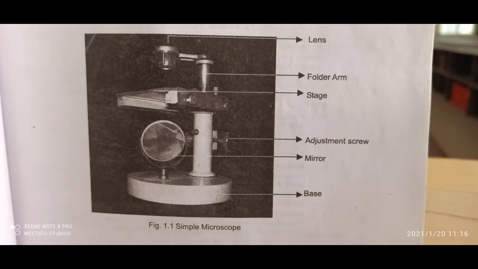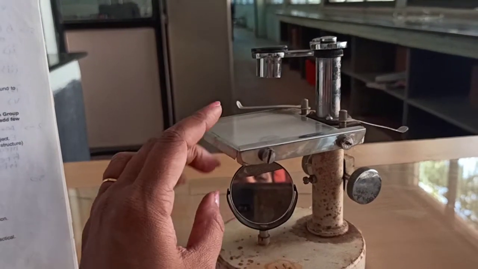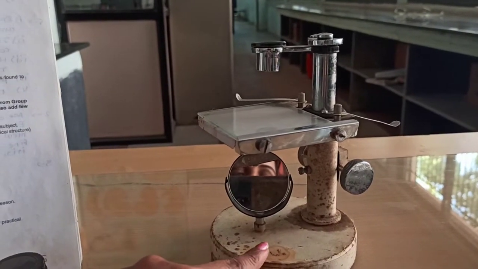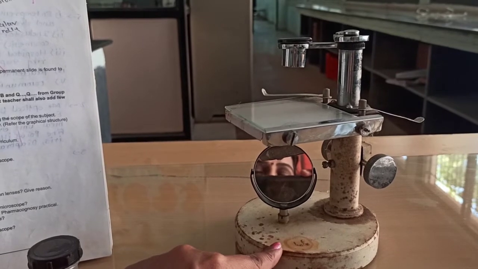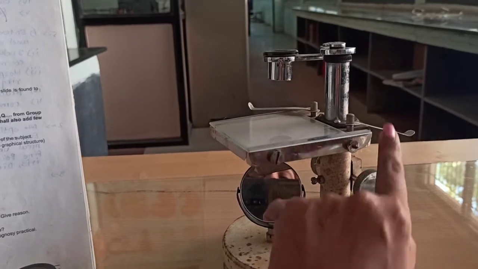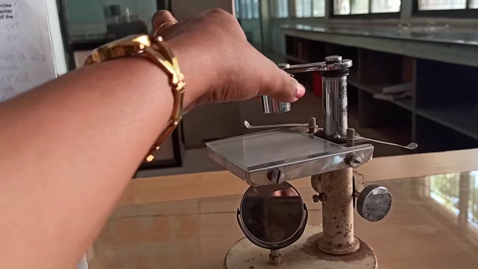In the case of a simple microscope, the structure is very simple. I can show you the simple microscope. This is a simple microscope that we have with us. This simple microscope consists of support system parts such as base, body framework, adjustment knob, this is the coarse adjustment knob, then tube, folder arm, and lens holder.